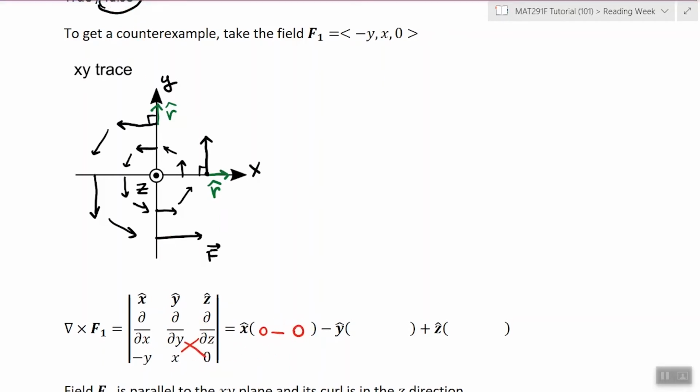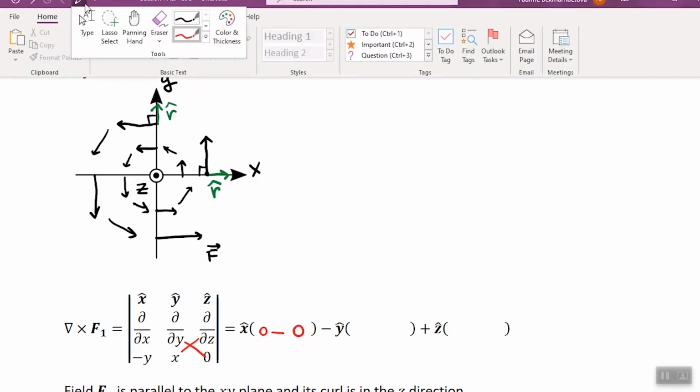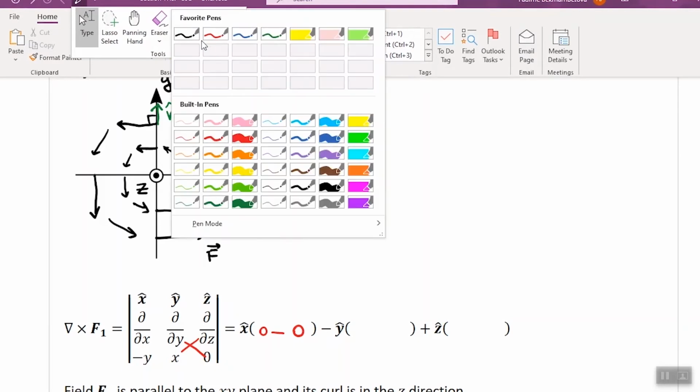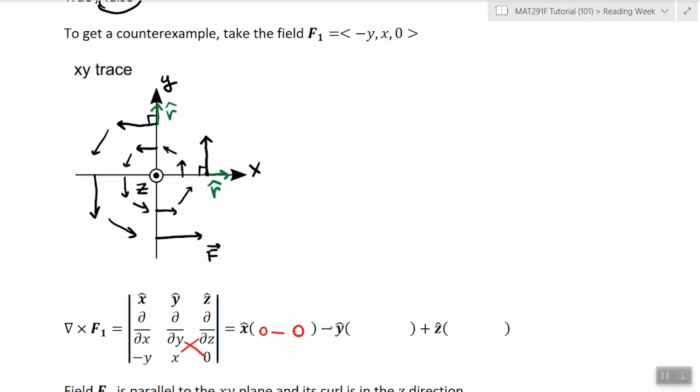Then for the y component, I already put this negative here. And then we have this determinant, which gives us 0 minus, so this negative, and we also have partial derivative with respect to z of y, which gives us 0.